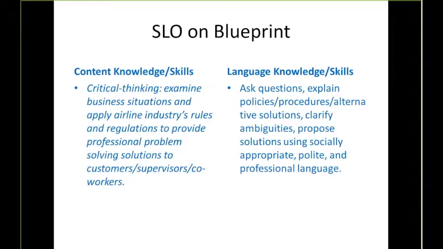But then what other language can support students in this role? Then these, on the right-hand side, are the language requirements. So students should be able to ask questions, explain policies, procedures, alternative solutions, clarify ambiguities, propose solutions. Not only that, they have to be socially appropriate, polite, and use professional language.